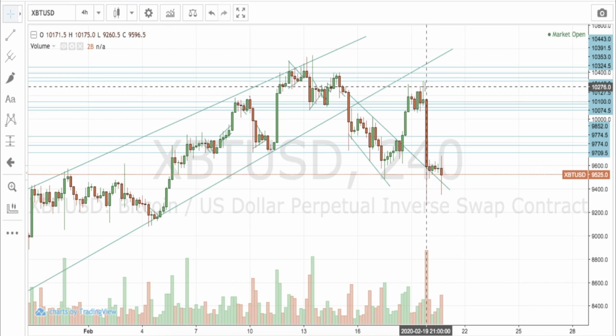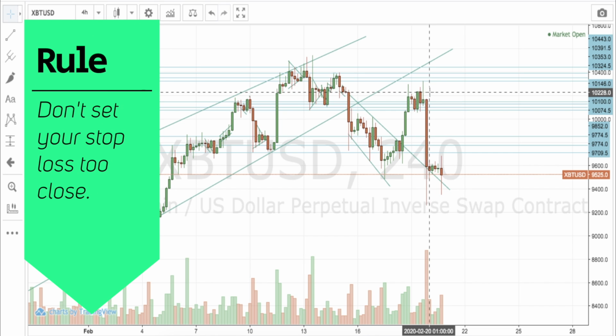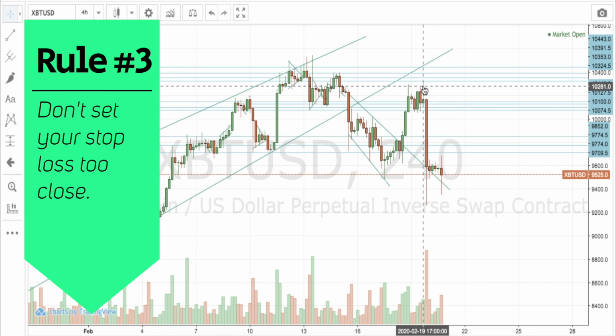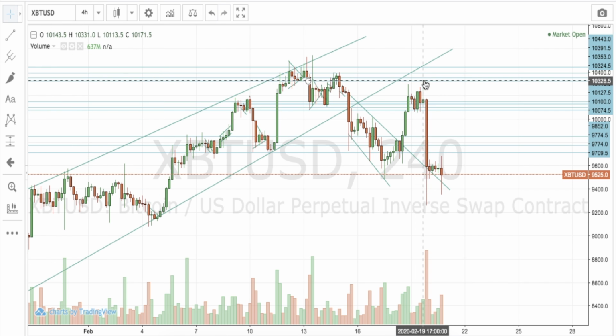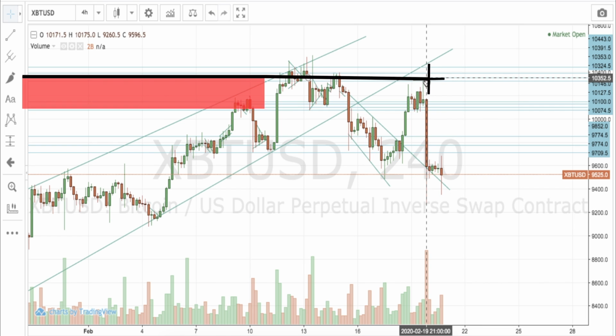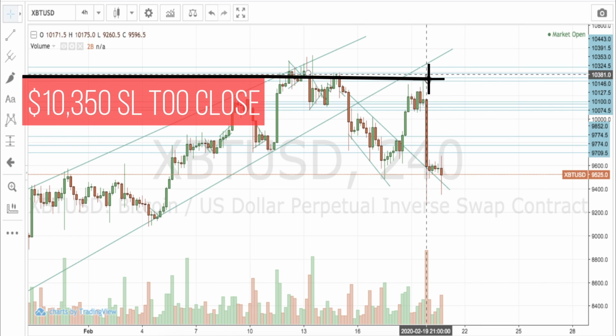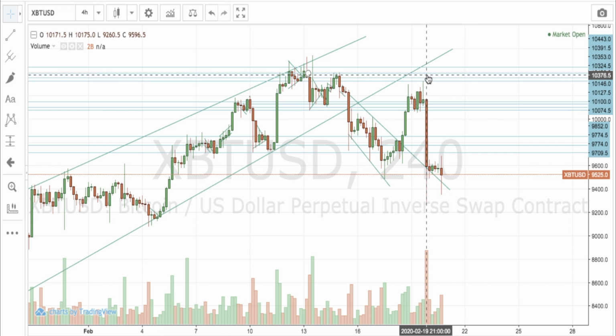So if we look at this example, if I'm going short here, a common mistake would be to place the stop loss too close. In placing a stop loss, traders often look at the most recent highs. So a common stop loss might be just above these little wicks here, say around 10,350, maybe 10,400, something like that.